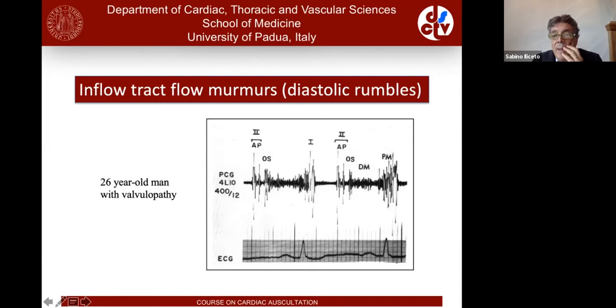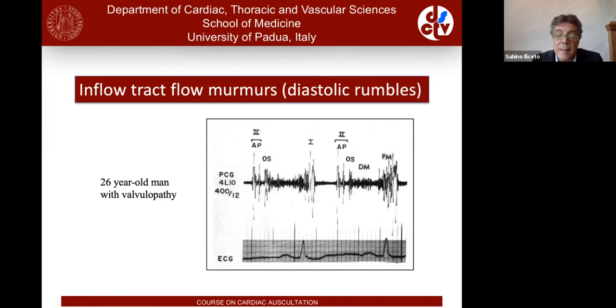This is an extra sound in the same position of the third sound, but it cannot be confused with the third sound because the third sound is low frequency, while the opening snap is high frequency. And then the murmur, the so-called diastolic rumbling murmur, that is the murmur produced by the flow through the mitral stenotic valve, that is low frequency.